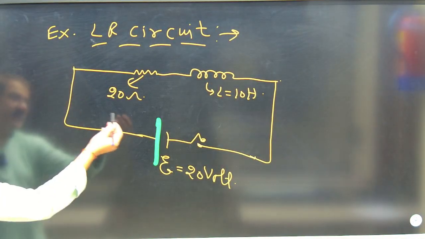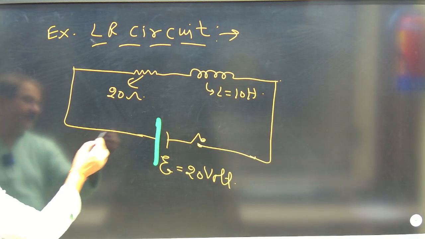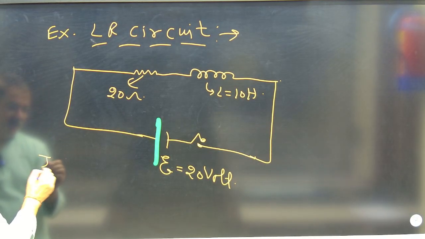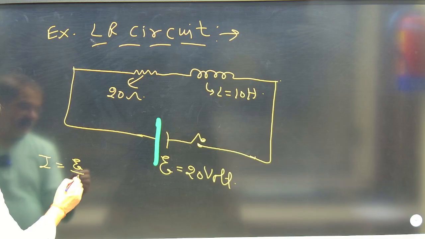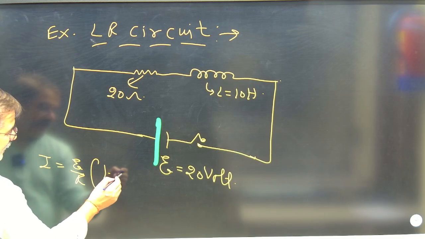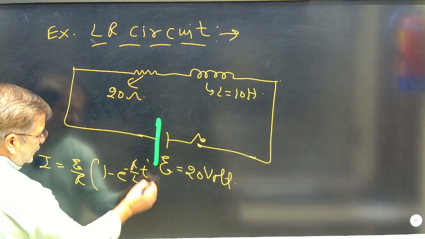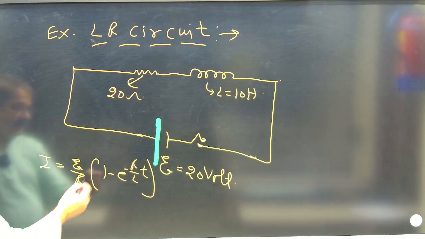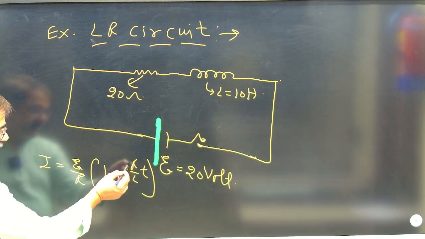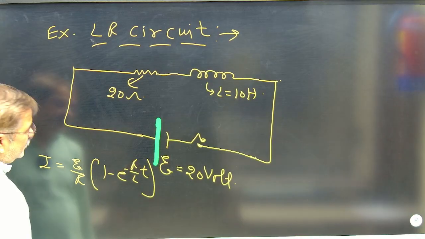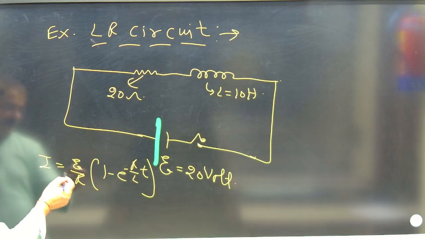So if the arrangement is given like this, we can find out the expression of current flow in the circuit. I will be E by R times 1 minus e to the power minus R by L into T. This is the expression of current flow. Correct.